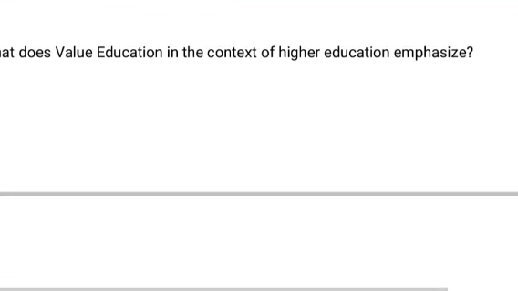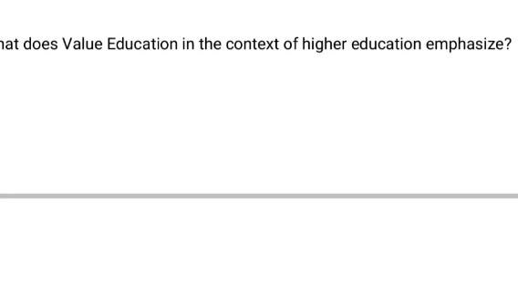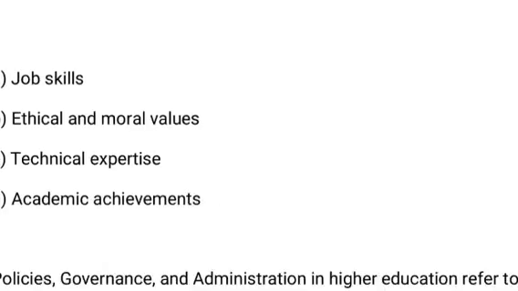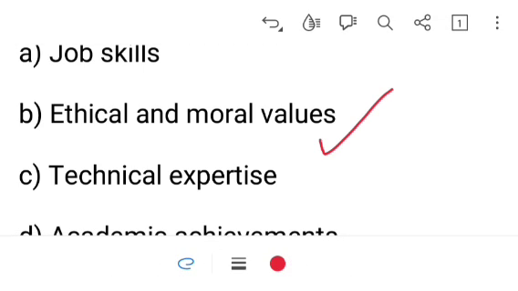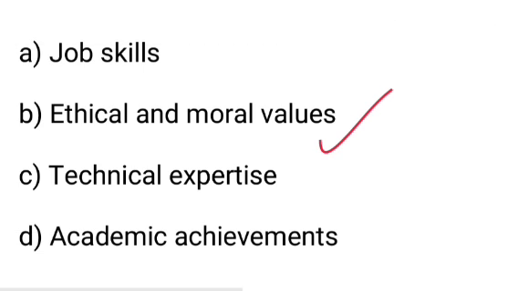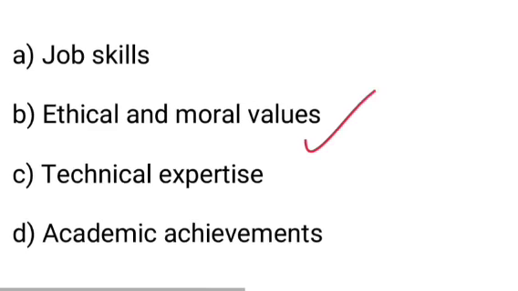What does value education in the context of higher education emphasize? Job skills, ethical and moral values, technical expertise, academic achievement. So it will be ethical and moral values. Without it, if you have wealth, if you have enlightenment, it will be futile.